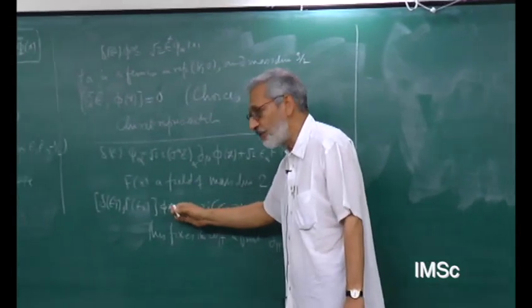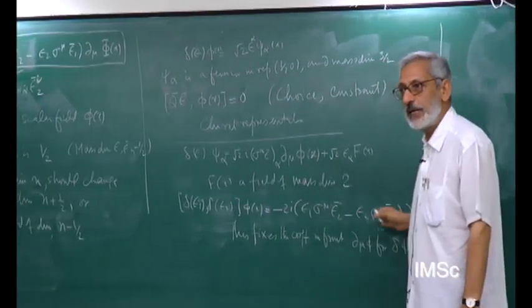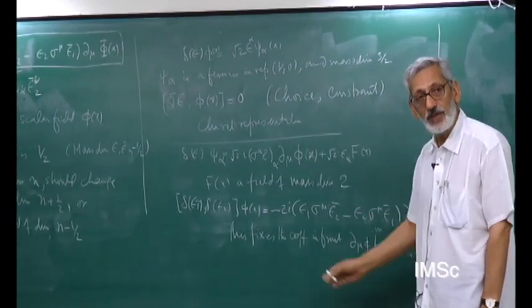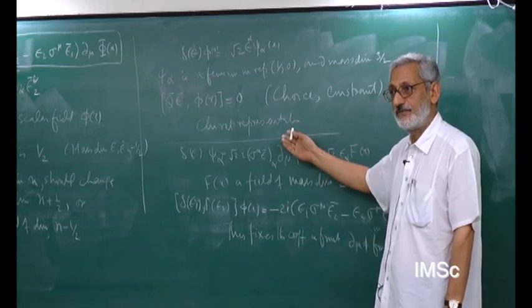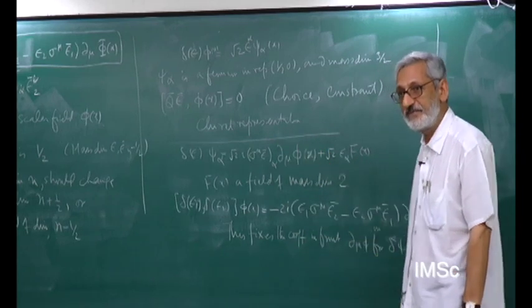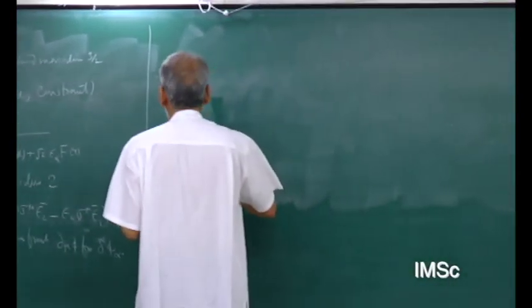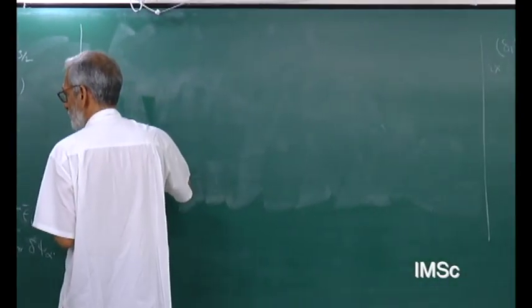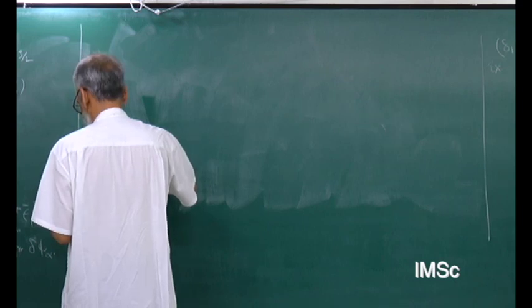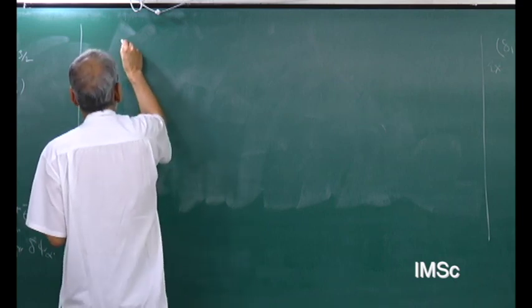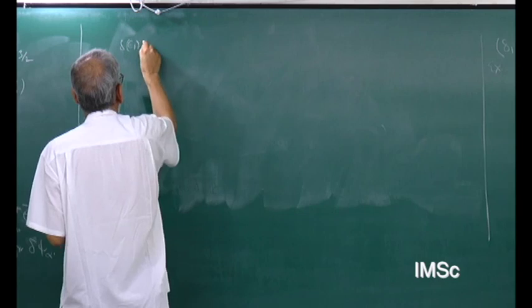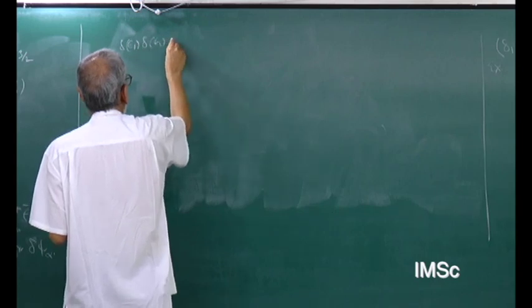Now I have fixed this, and with that I have realized that on phi the supersymmetry algebra is realized. Now I must do the same on psi. So let me do delta epsilon on psi alpha.